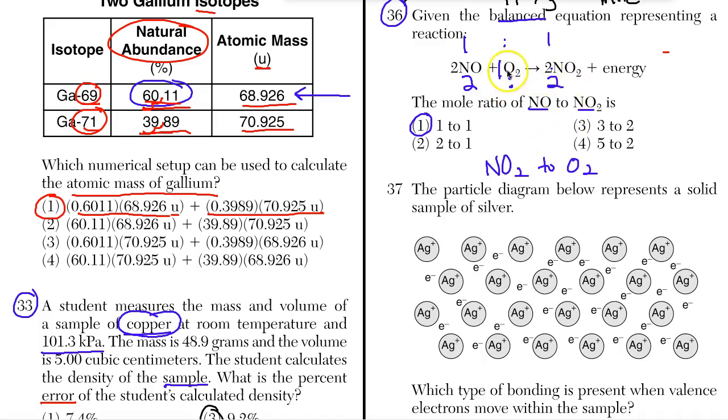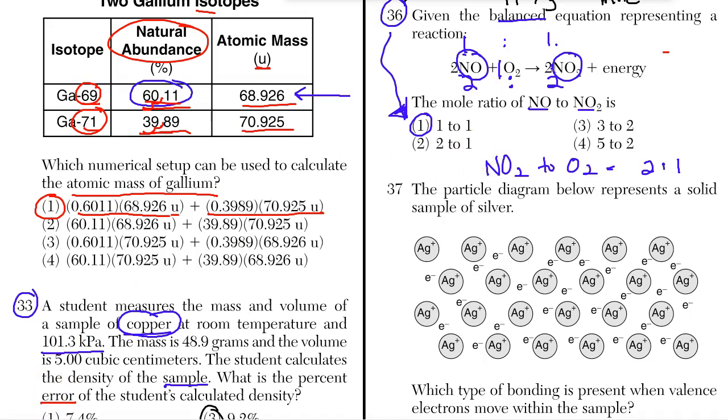But if it's NO2 to O2, if they change that question, I've seen them do that, in that case it would be 2 to 1. But in this case it was just NO to NO2. And it was a 2 to 2 ratio, which is the same thing as 1 to 1 reduced. Very simple problem. Sorry if you got that wrong, but don't get it wrong again. I've seen that. This is another very common Regents question.